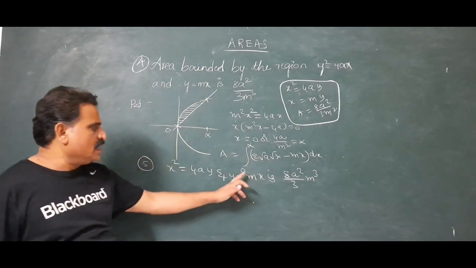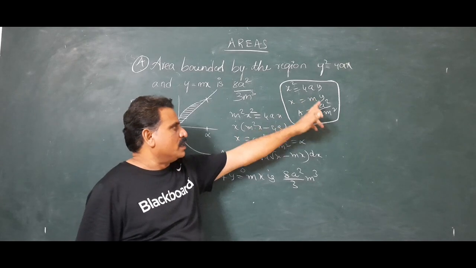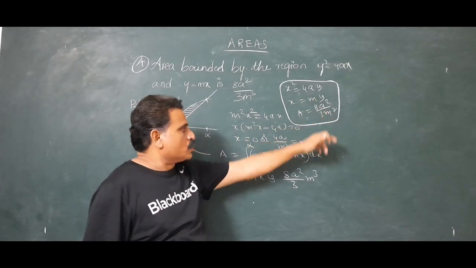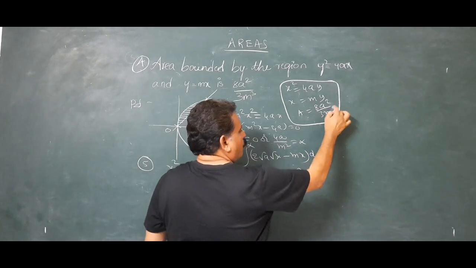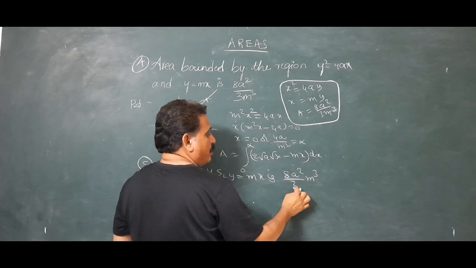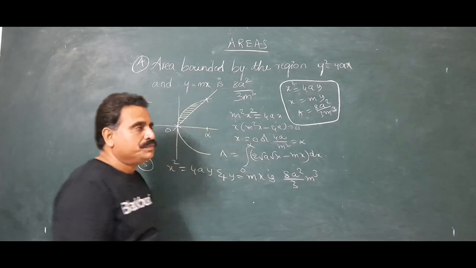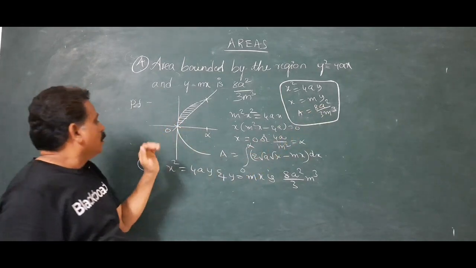Because here x = (1/m)y, we just have to write 1/m in place of m, and we get 8a²/3m³. Here also m cubed, keep in mind.